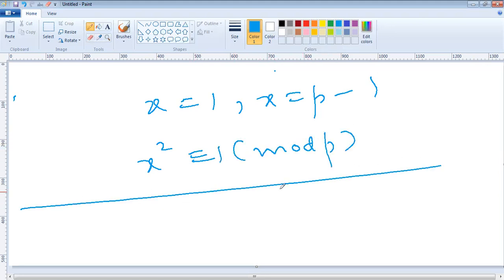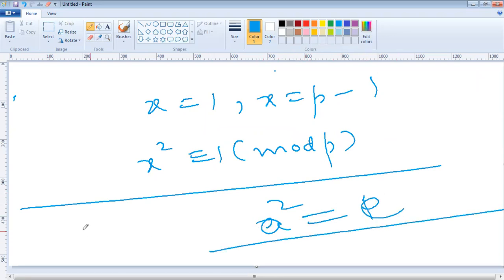And you must have done in your course of algebra that, let us not consider this modulo p thing, if we simply consider any multiplicative group and you have a square equal to identity, then a into a is equal to e, or inverse of a is equal to a. So whenever the square of any element is equal to the identity element, this suggests that the element is its own inverse.